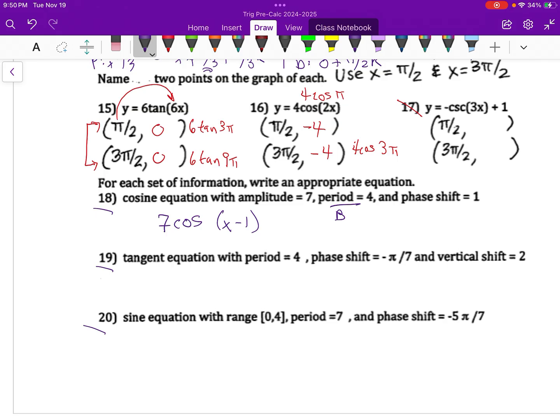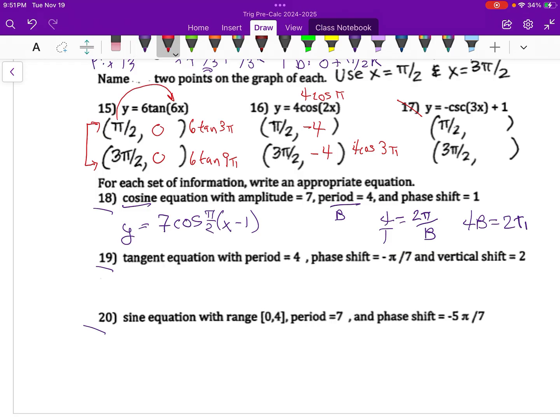The only really hard part here is to take the 4 and set it equal to 2 pi over b for cosine, and you'll end up with 4b is equal to 2 pi. And if I divide by 4, I get pi over 2. So that is your formula. That easy, okay? Watch for vertical shifts or phase shifts.